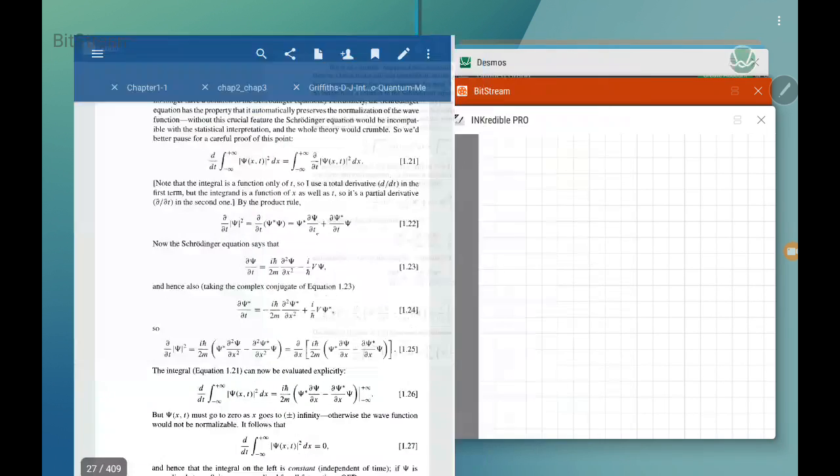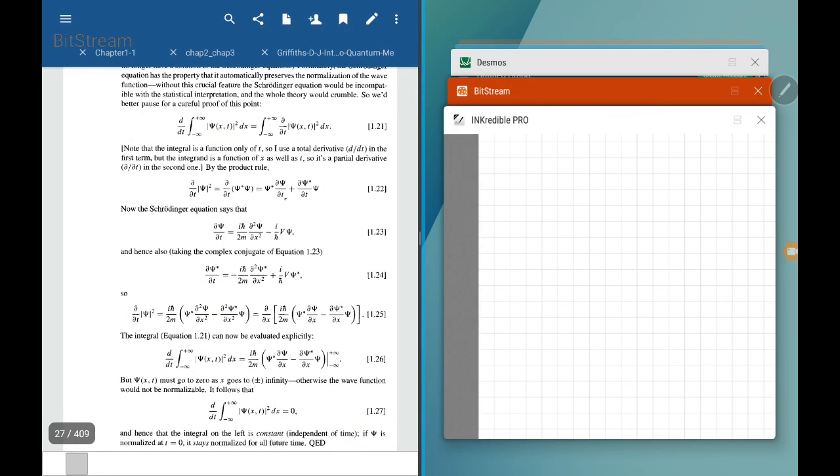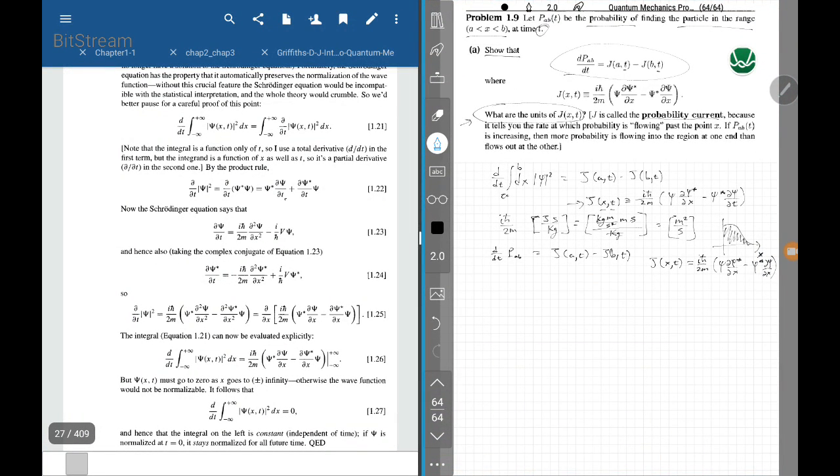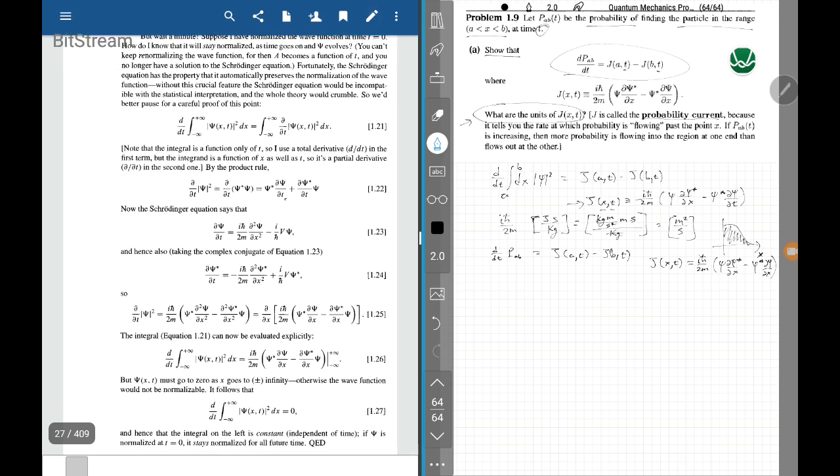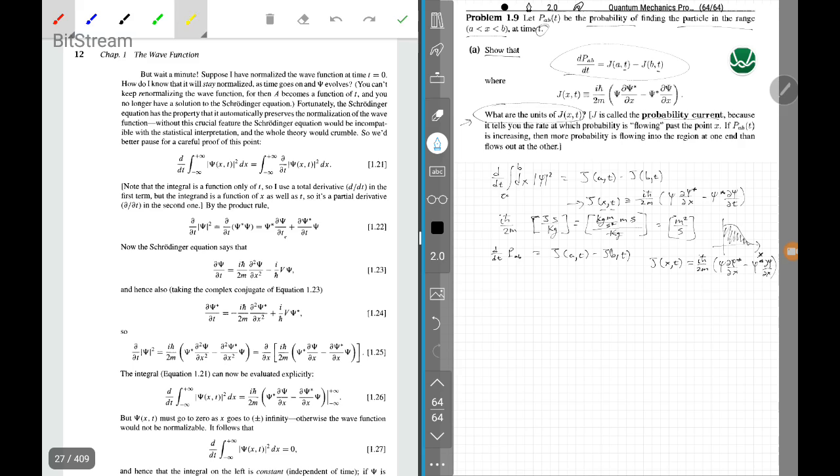I'm going to go ahead and pull up my Griffiths textbook here so I can look at these side by side, because what I have in my textbook is something that looks a lot like this guy. I have this right here, which is looking pretty familiar, right?